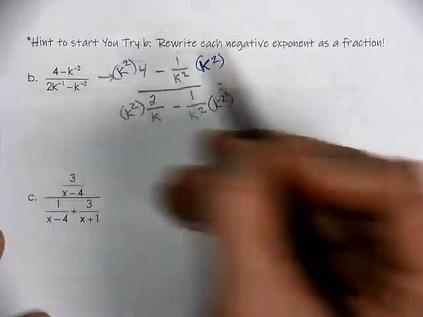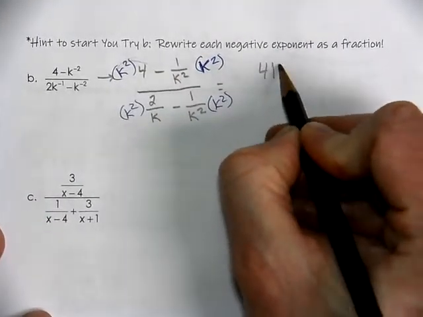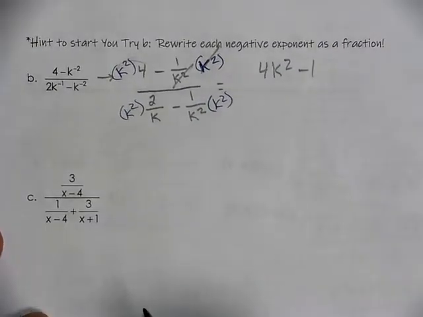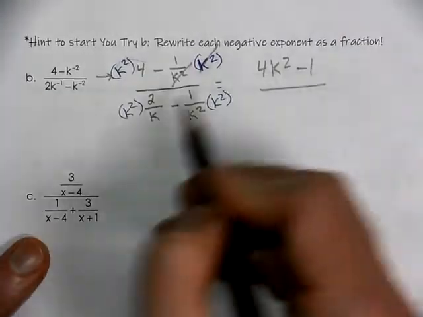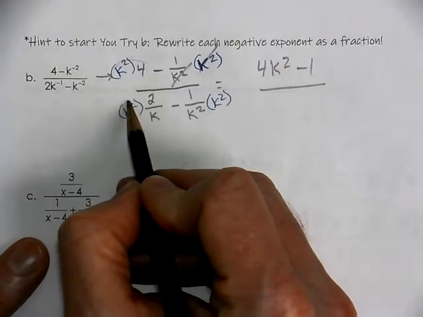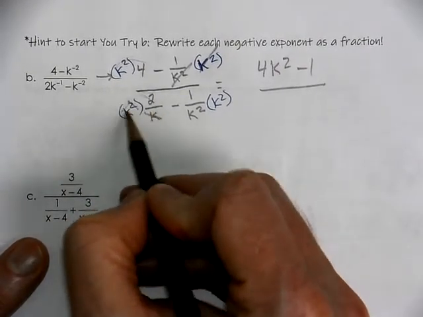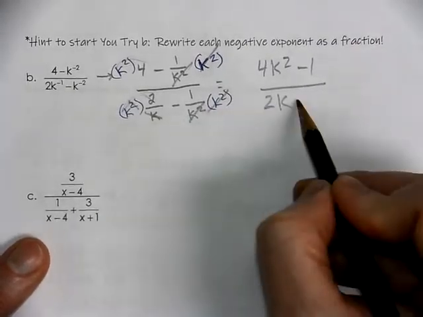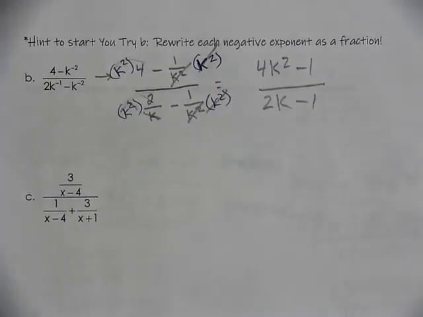When we multiply it to the fraction, we're going to get 4k squared minus 1. Here, the k is going to cross off, and I'm going to be left with 2k minus 1.